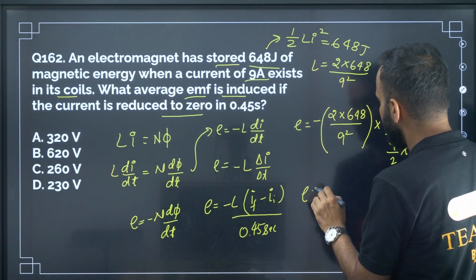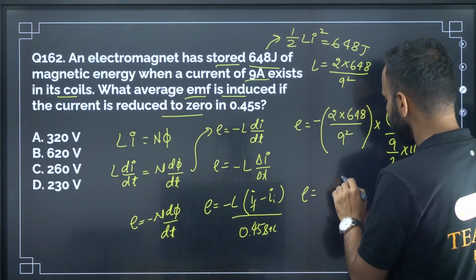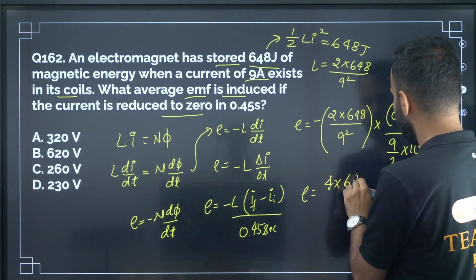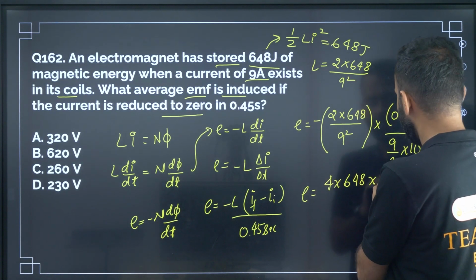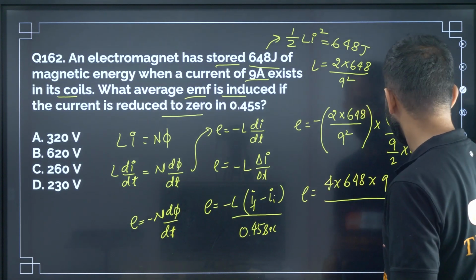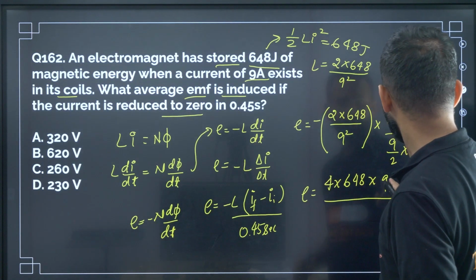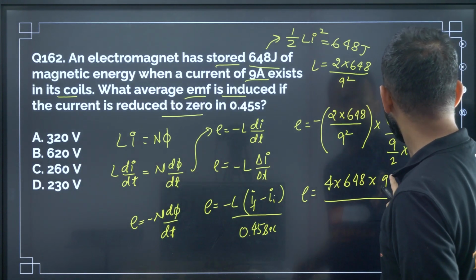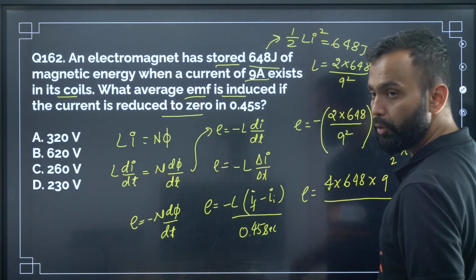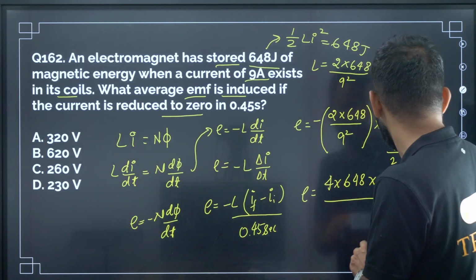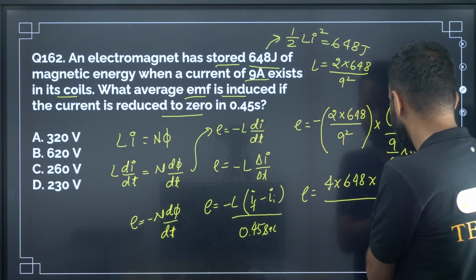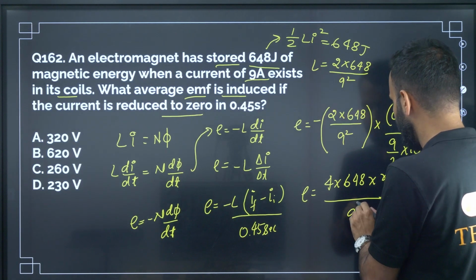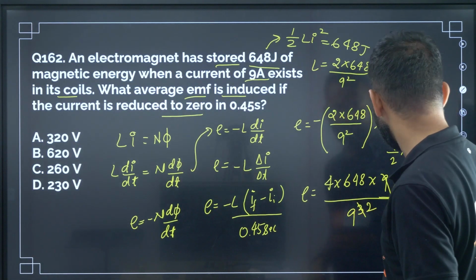So E equal to 2 into 2, 4, 4 into 648 into 9 into 1 by 10 to the power minus 1, which is 10, divided by 9 cube, right? Here 9 and 9 get cancelled.